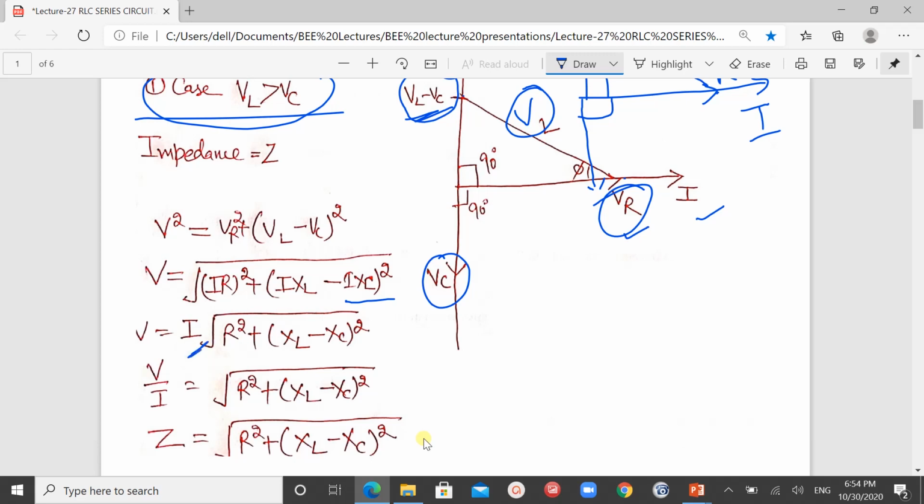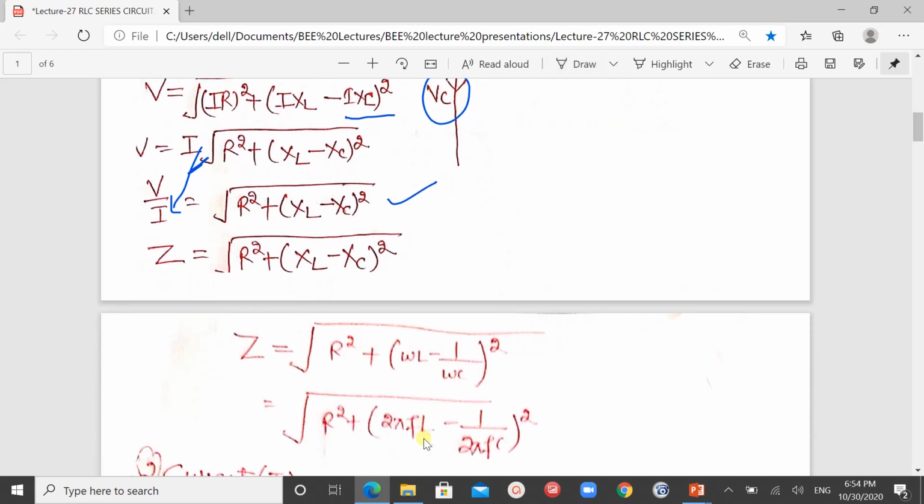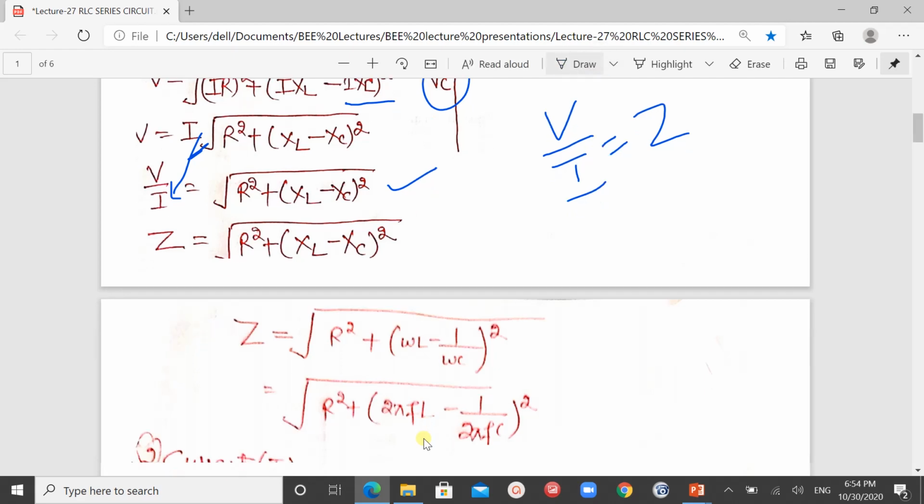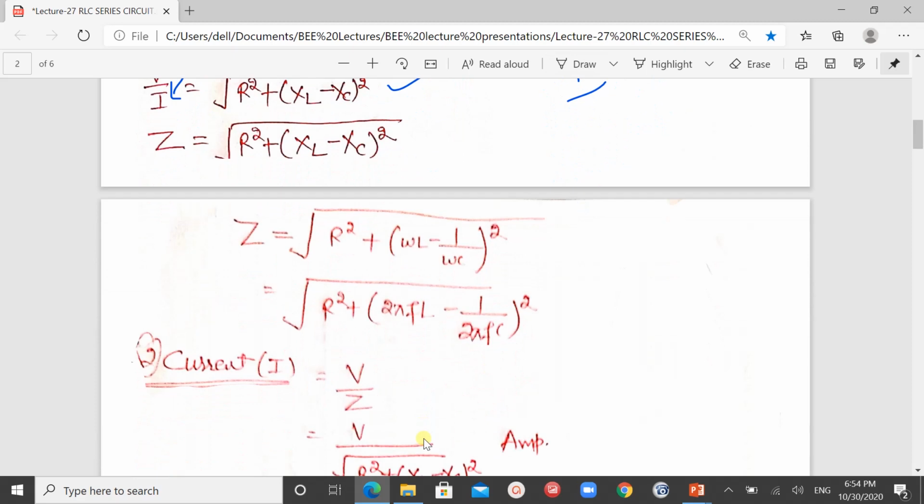So from here I comes out common, and we take it on the left side, and we are left with this equation: V upon I is equal to under root R square plus XL minus XC the whole square. And as we know, V upon I is equal to Z. So Z is equal to the square root of R square plus XL minus XC the whole square, and we can put the value of XL and XC.